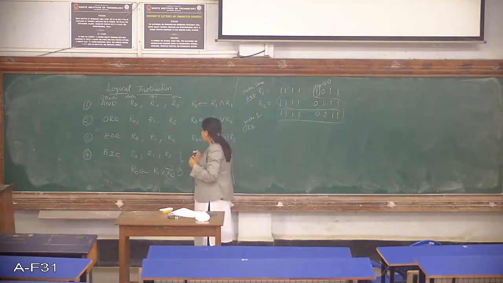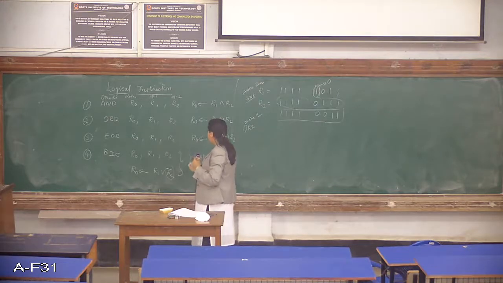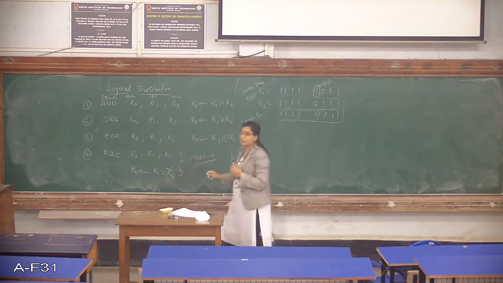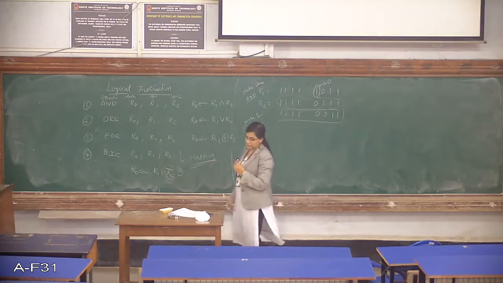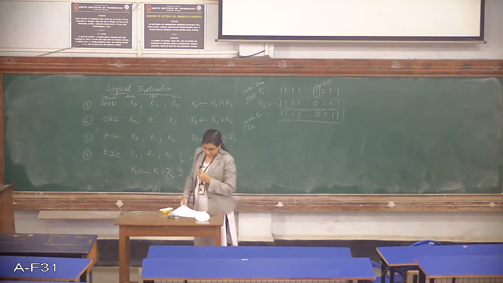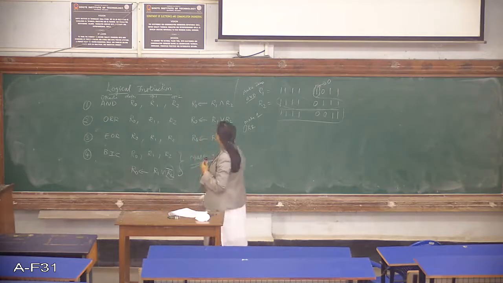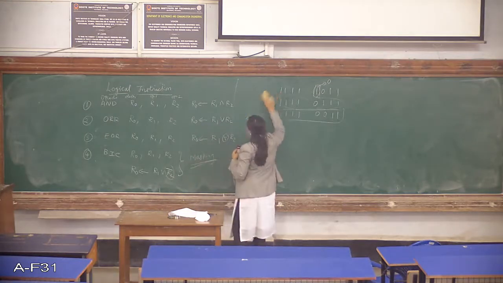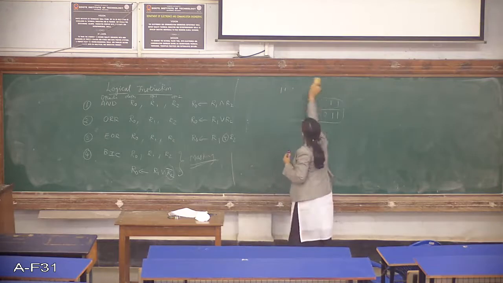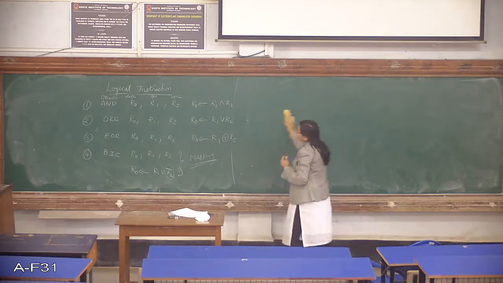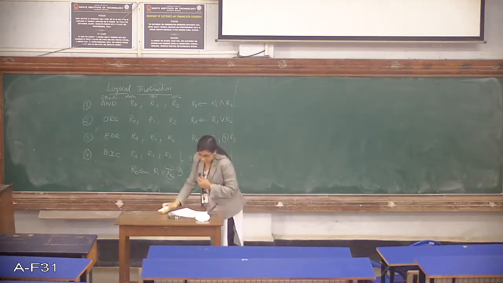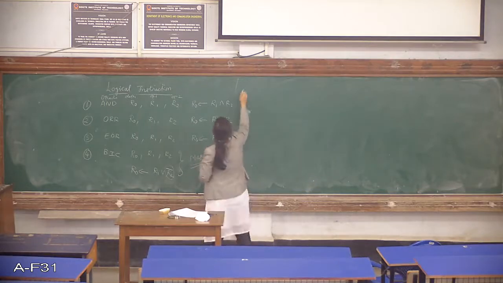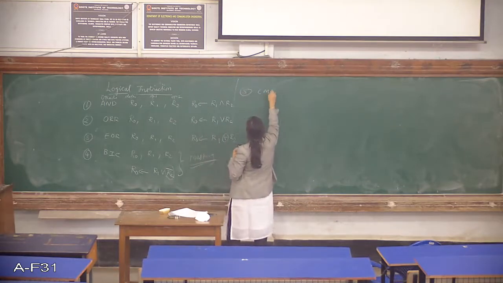So basically we go with this when we want to do some masking operation. When I want to mask some bits, I can go with the bit clear instruction. So this is BIC. Next instruction is the compare instruction, CMP.